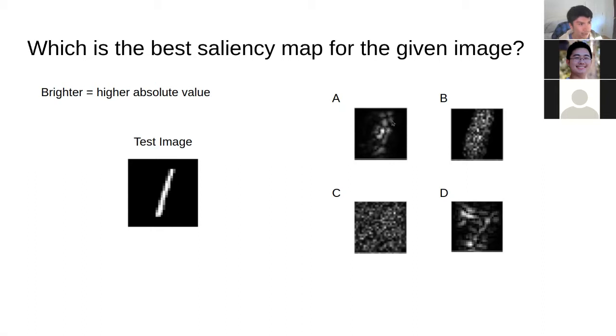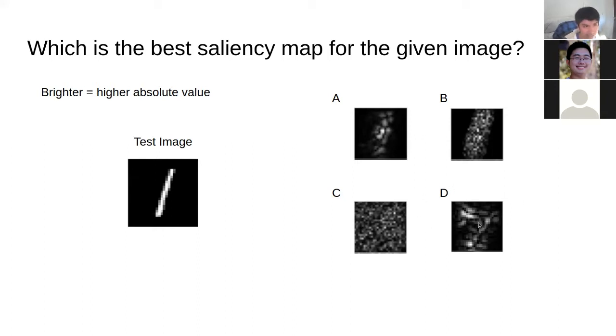So I'll start actually with option C, probably the worst looking option. Actually, I'll just make remarks. I won't say which one is the right one yet. But C looks to me as if it's just some sort of random noise here, so it doesn't seem like there's much important information we can extract out of this saliency map.